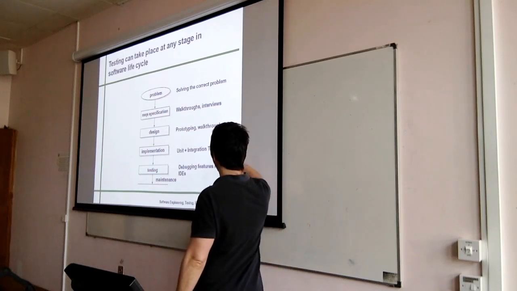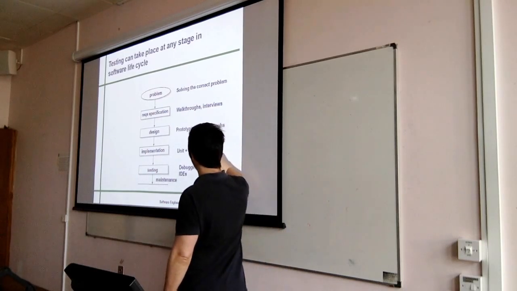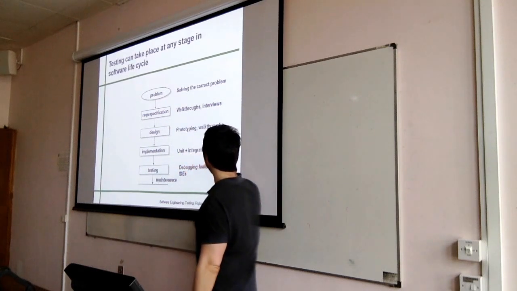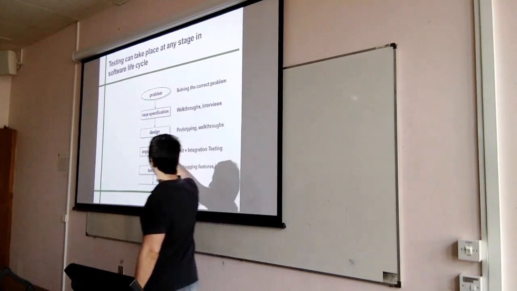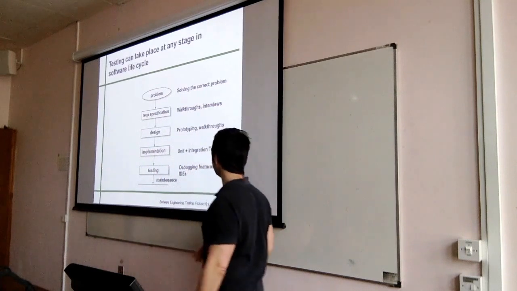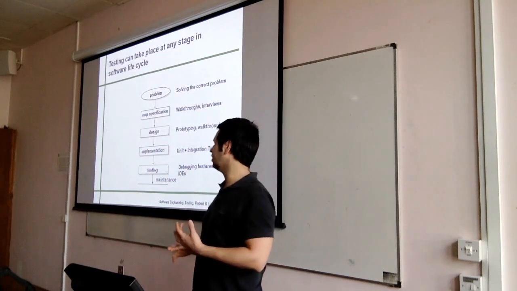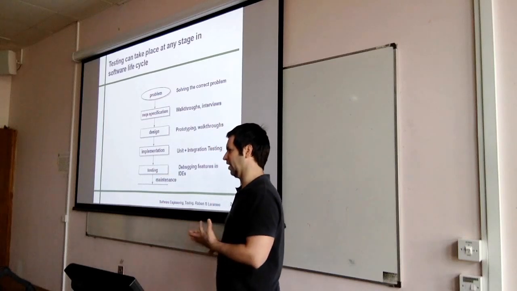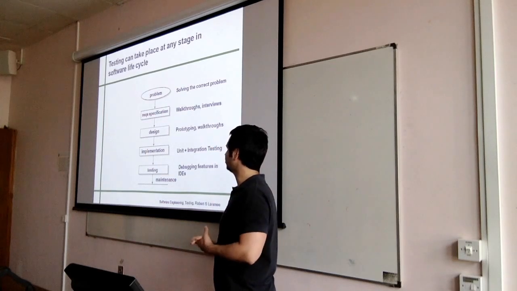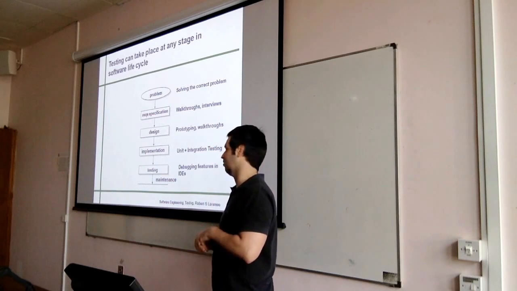And then we have, this is what we're talking about today, testing at the implementation phase. And that's two approaches, unit testing and integration testing, two aspects. We're going to talk about those, and then we're going to talk about a real-life example first.